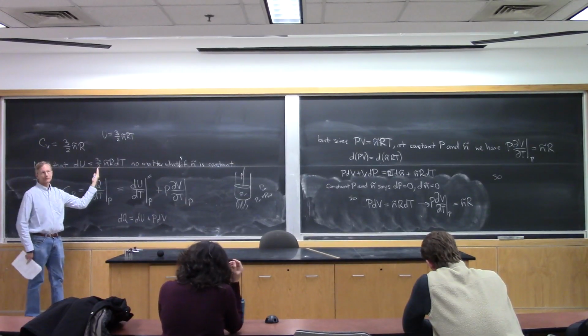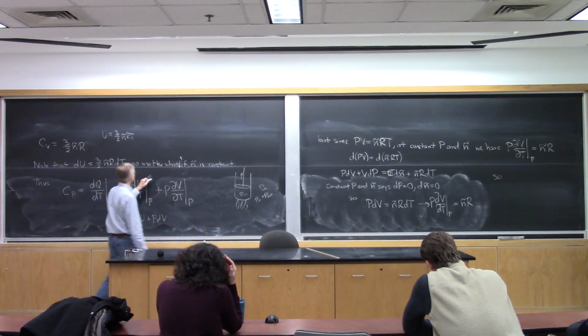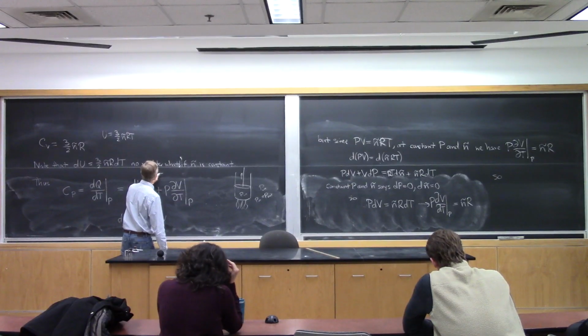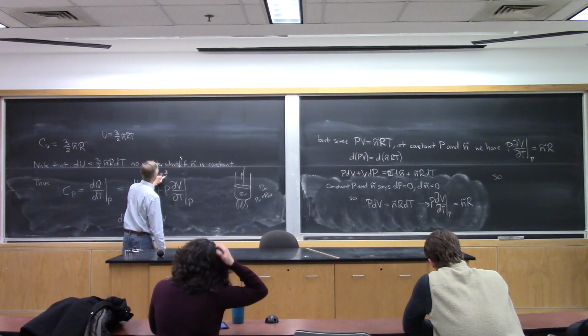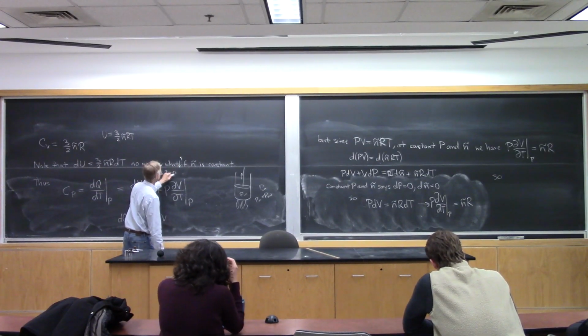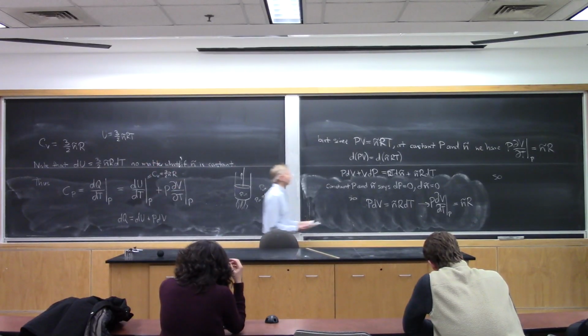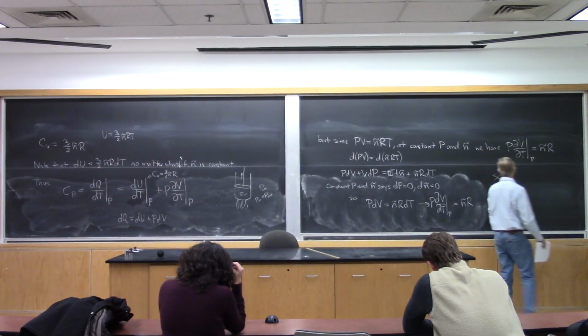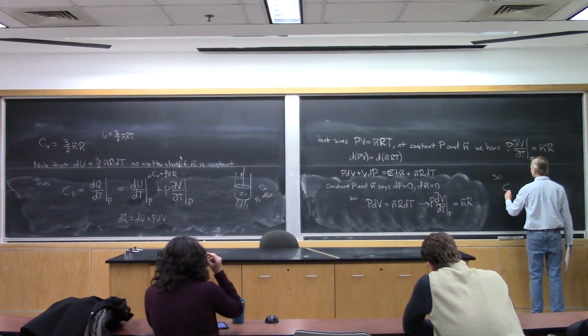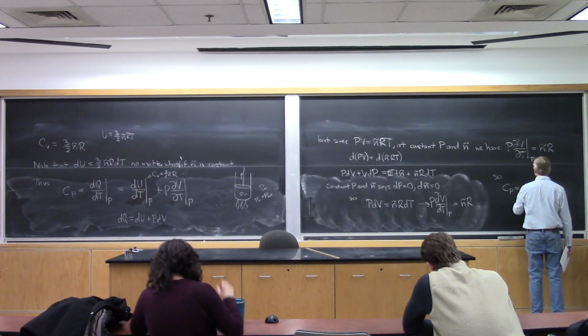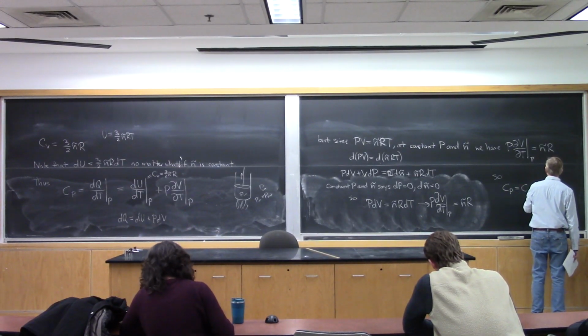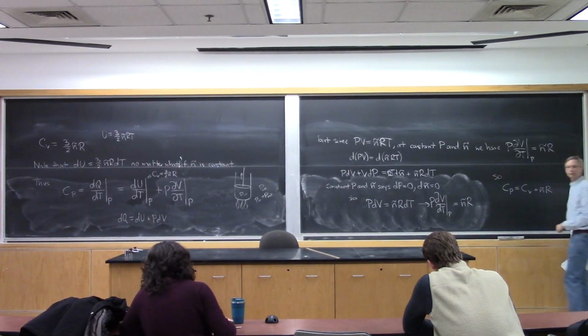So as long as N tilde is constant again, this is going to be equal already to CV, which is equal to 3/2 N tilde R. So what we learned, and you may have seen this before, is that CP is CV plus N tilde R.